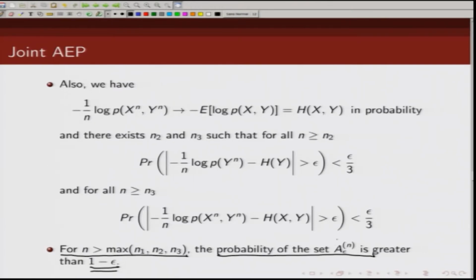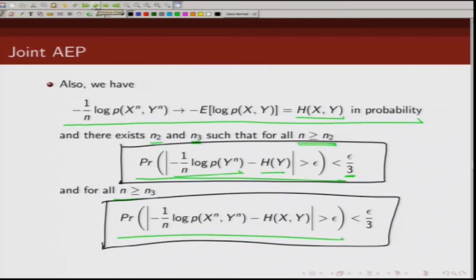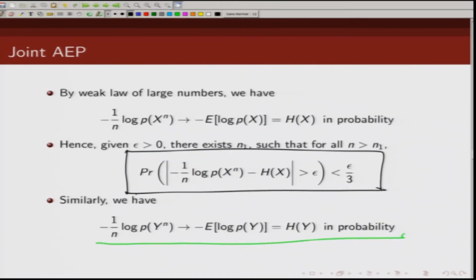And we have shown that if we add all of these, we get the probability of the typical set to be greater than 1 minus epsilon, because the probability of this is less than epsilon by 3, the probability of this is less than epsilon by 3, and this probability is also less than epsilon by 3. So, if we add these probabilities, we get overall probability less than epsilon.